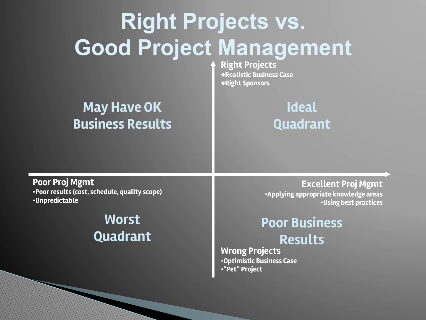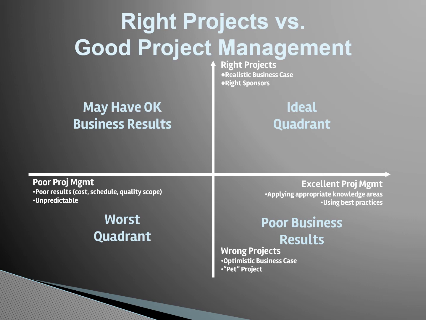And finally, the top left quadrant are those projects that had a strong business case. We poorly manage them. In most cases, they may have okay business results because they were so strong in their business outcomes.